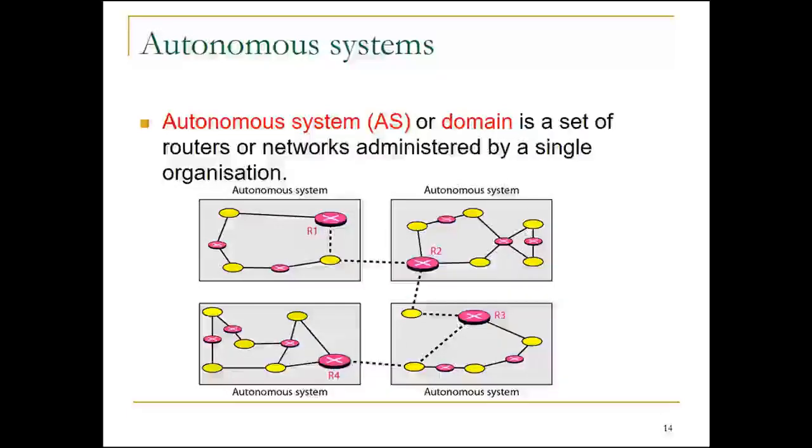For instance, assuming that GTUC wants to go enterprise, a good routing protocol it can employ to address how it manages its entire network of various satellite campuses would be an autonomous system, where we create our own domain and have our own set of routers that are interconnected, and then we administer it as a single organization.